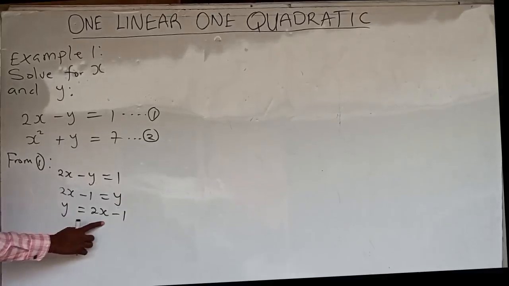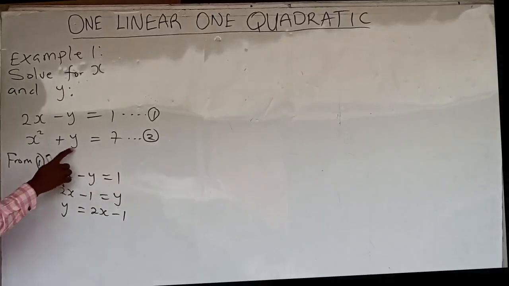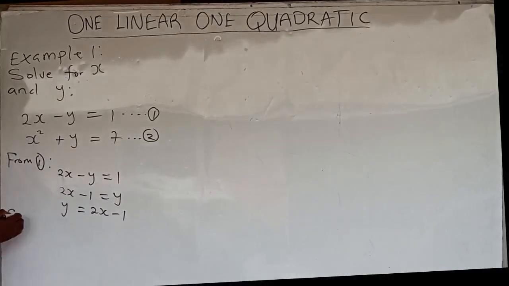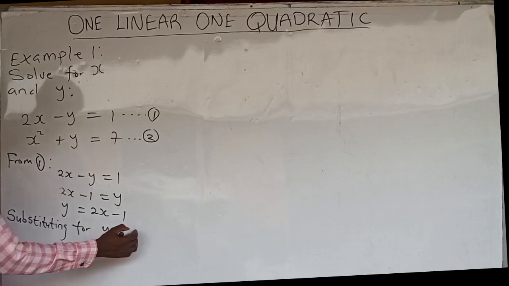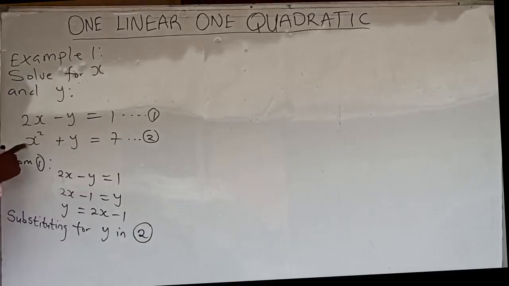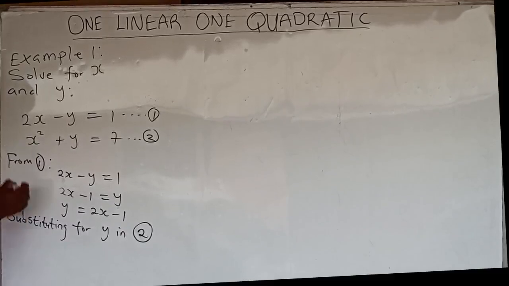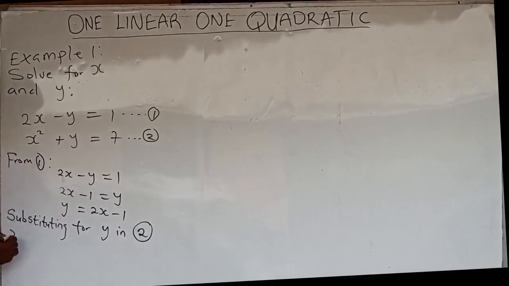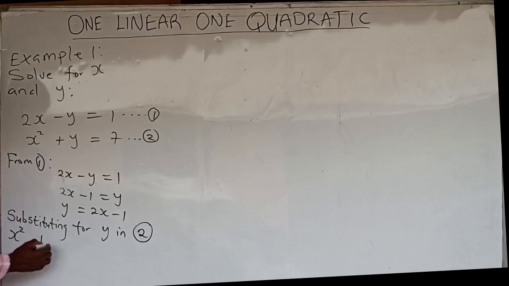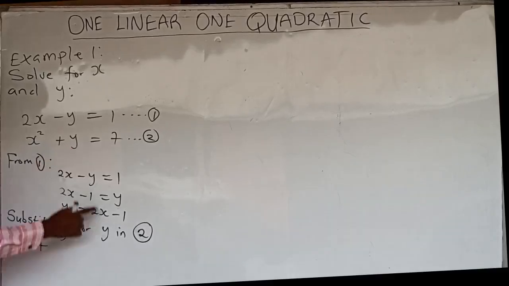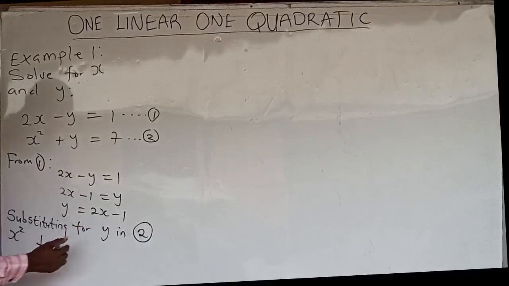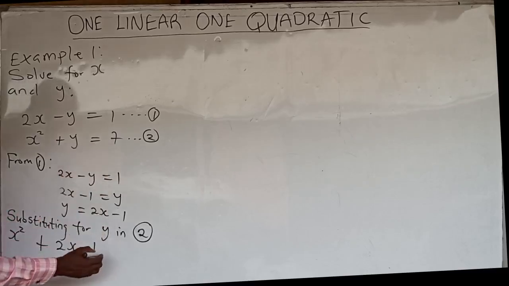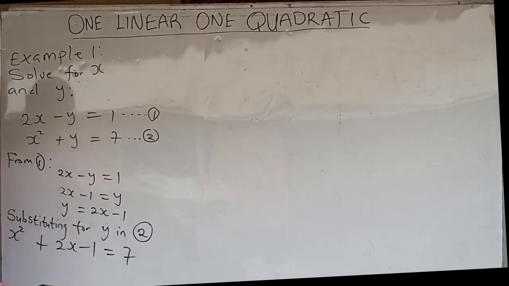So substituting for y in equation 2, we have x squared plus, instead of me to write y, I will now write 2x minus 1. So x squared plus 2x minus 1 equal to 7.